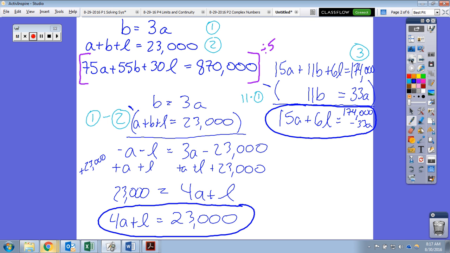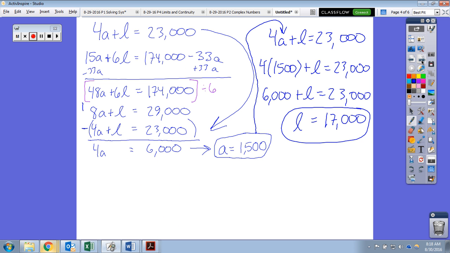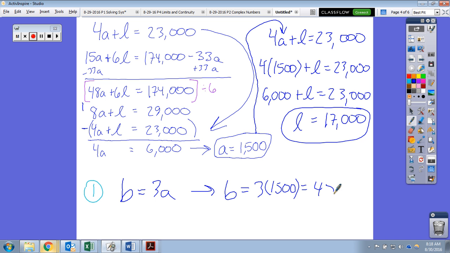I could pick B equals 3A. That works. So B equals 3A, and that was actually my first equation, so let me label that so it's clear. One of my original 3, B equals 3A, so B would equal 3 times 1,500 equals 4,500.